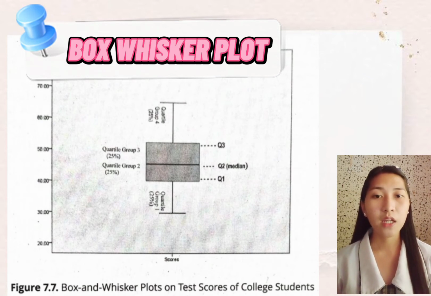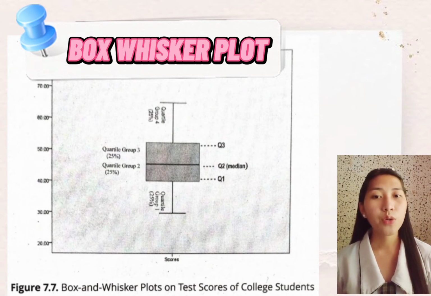The top side of the rectangle is Q3, or the third quartile, and the bottom side is Q1, or the first quartile. As such, this type of graph will help readers easily see where the scores are concentrated, or how the scores are distributed and divided into quartiles.